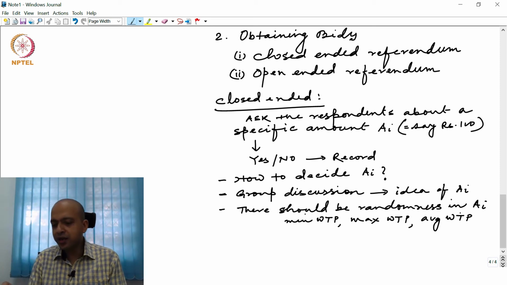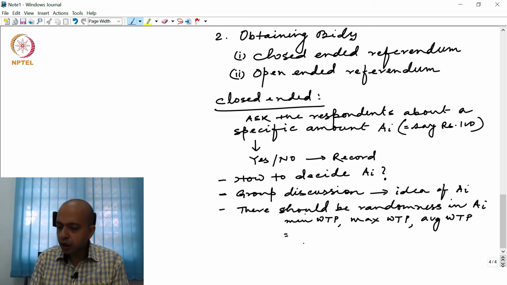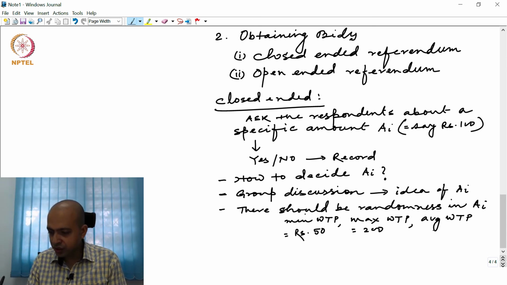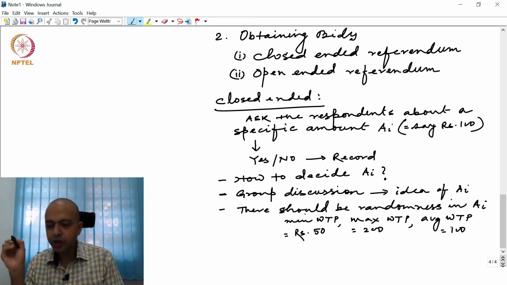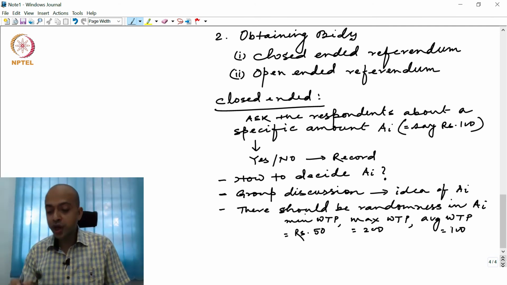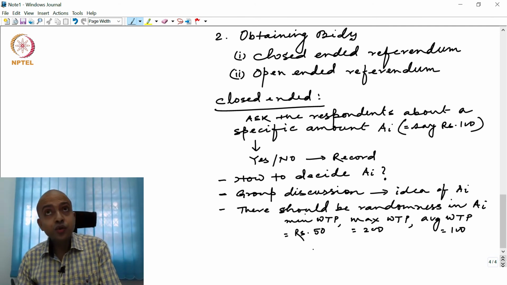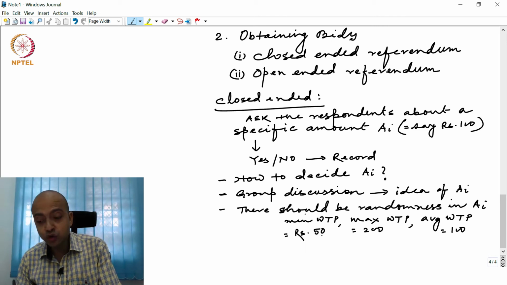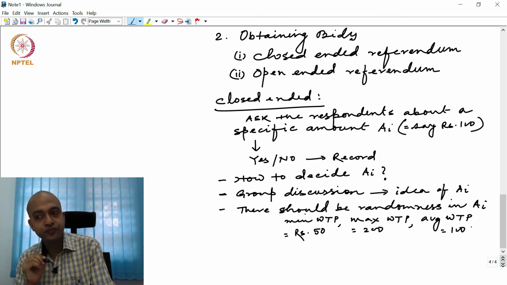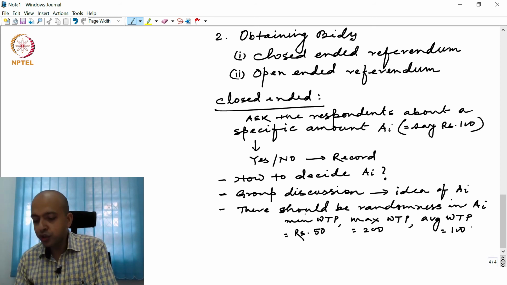Okay, let us say that minimum is 50 rupees, and maximum is, let's say, 200, and average is, let's say, 100. Now when we go to each and every household, we have to randomly take values from this 50, 200, or 100 average.